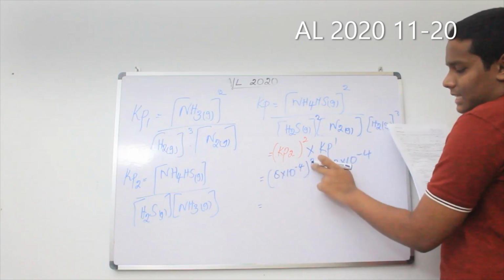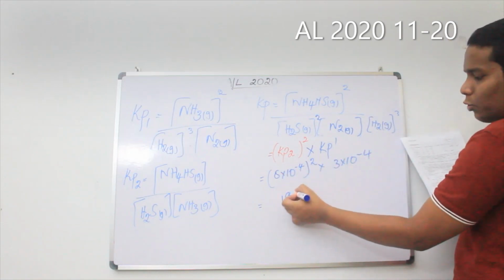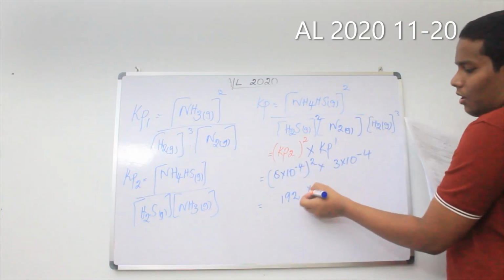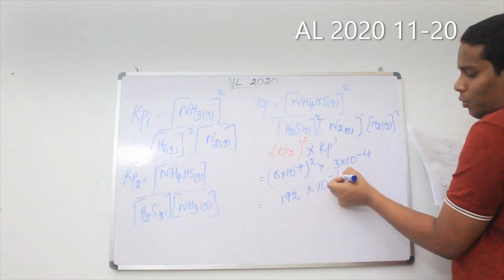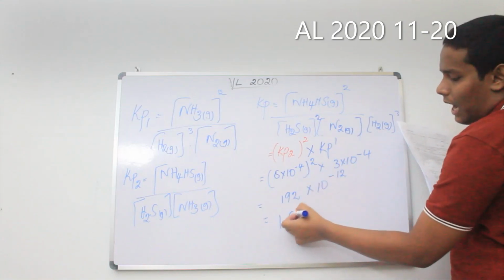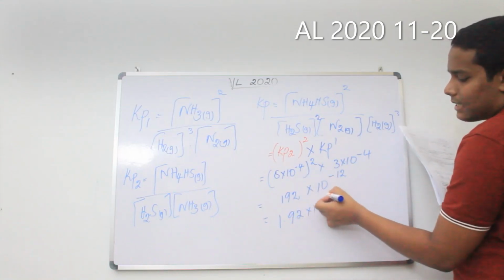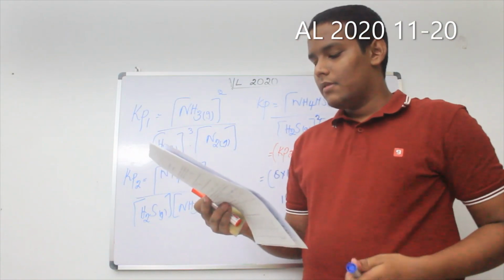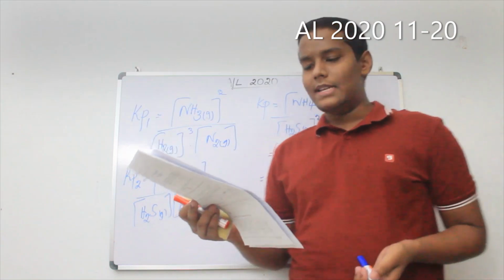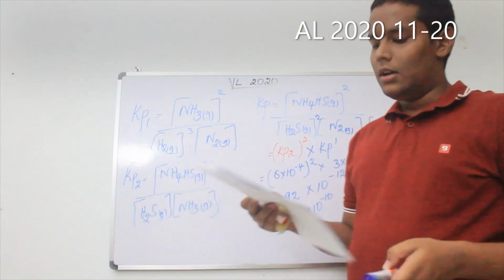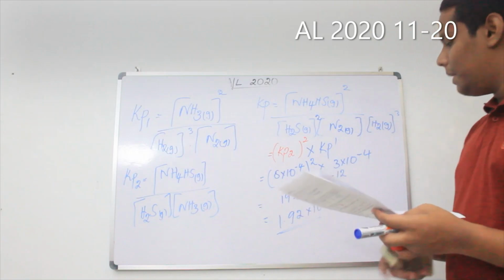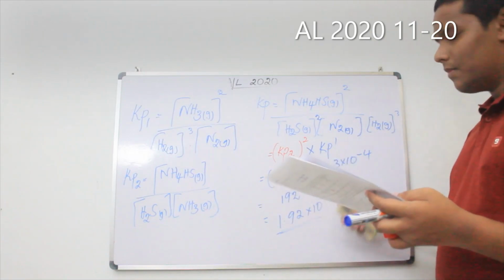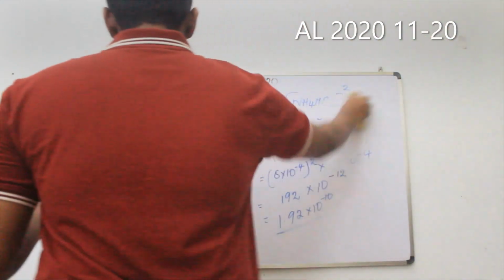So here 8 8s are 64, 64 into 3 is 192, into 10 to the power minus 12. So it should be 1.92 into 10 to the power minus 10. But unfortunately such an answer is not given. They have given you only 1.92 into 10 to the power minus 8. So for 15 the answer should most probably be none of these, because we are getting 10 to the power minus 10. Okay, so that's the 15th.